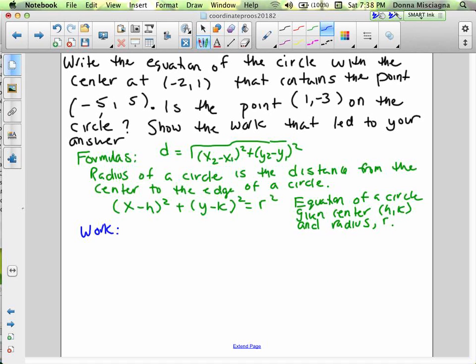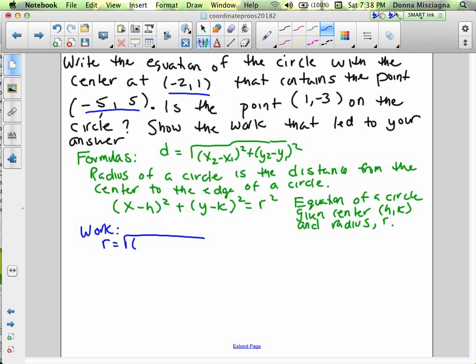So we're going to need to use the distance formula to find the length of the radius. The length of the radius is just a point on the edge minus the center. Make sure you use the point that we know is on the edge of the circle, not the point we're trying to prove.